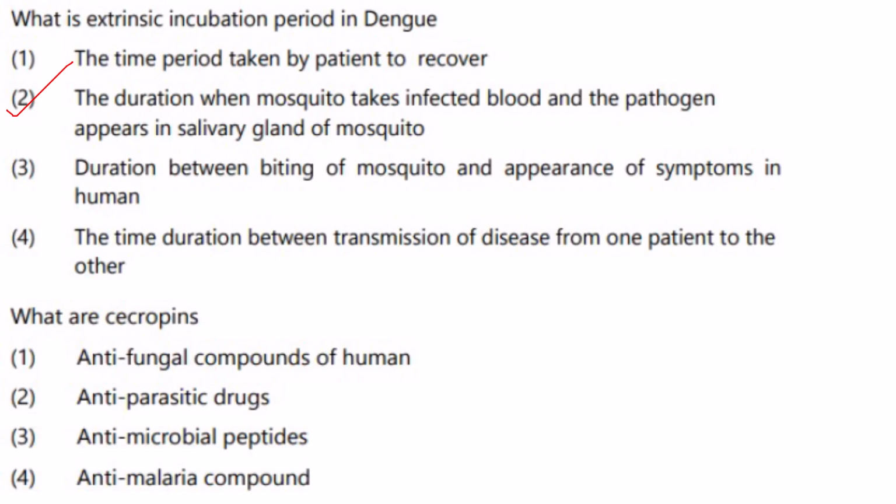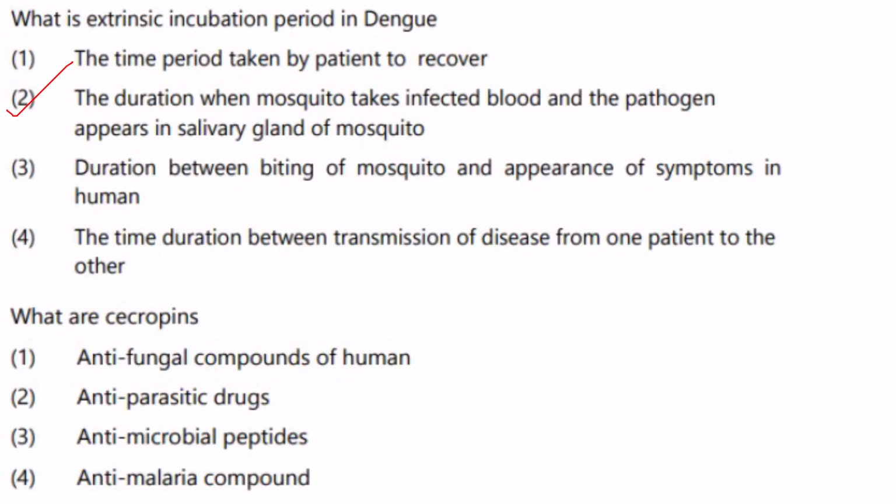So this is called extrinsic incubation period and it is 8 to 12 days. That is the duration when mosquito takes the infected blood and the pathogen appears in the salivary gland of mosquito. The pathogen has to replicate in the mosquito, enter its salivary gland and get ready to be transmitted to the next person. That is called extrinsic incubation period.